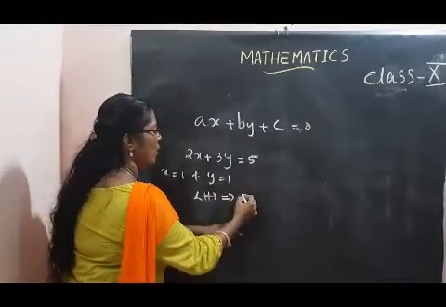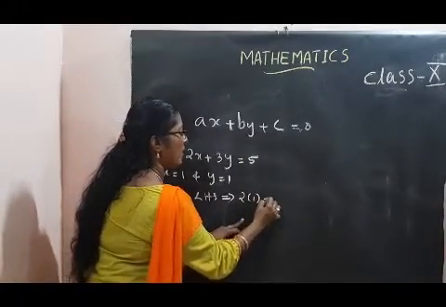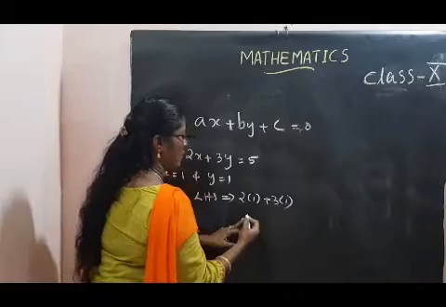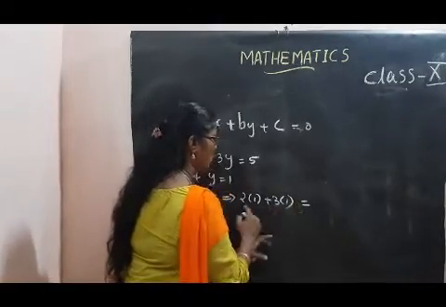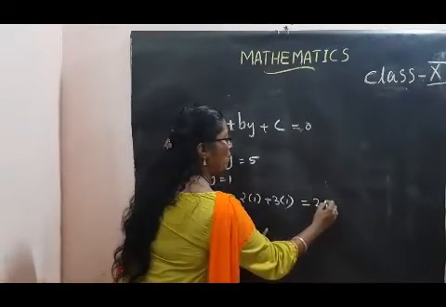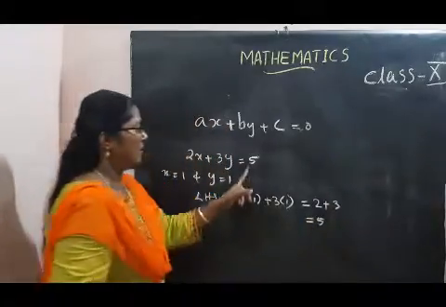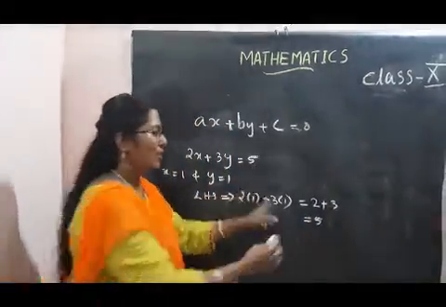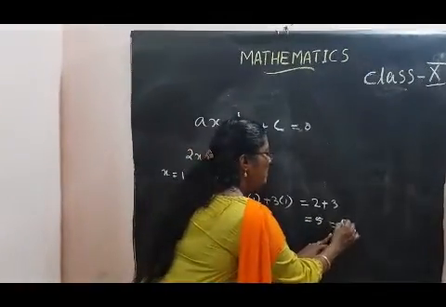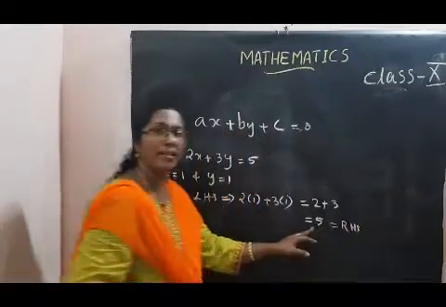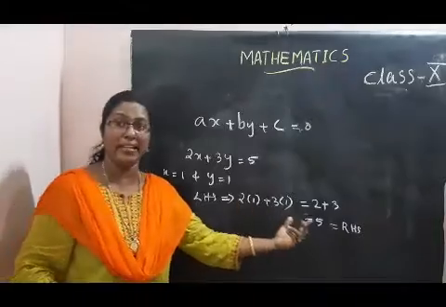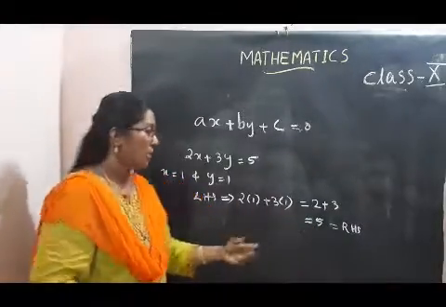LHS implies 2 into 1 plus 3 into 1, that is equal to 2 plus 3, equal 5. That is equal to the right hand side, and left hand side and right hand side are equal.